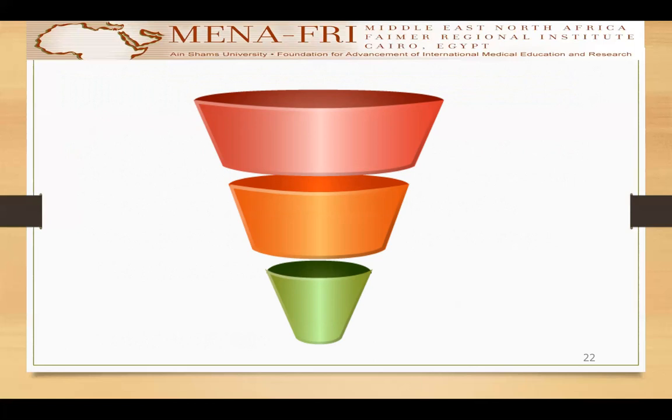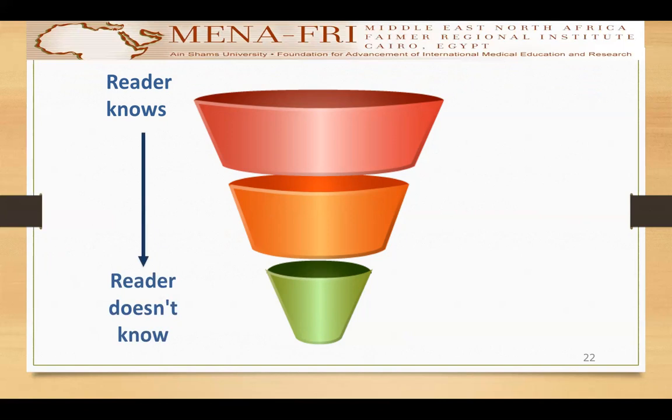I have a huge project, the part in red up there, a huge idea. The concept is that you funnel this idea down to the green part, which is actually what the reader will read in your proposal. So the reader knows, and the reader doesn't know.